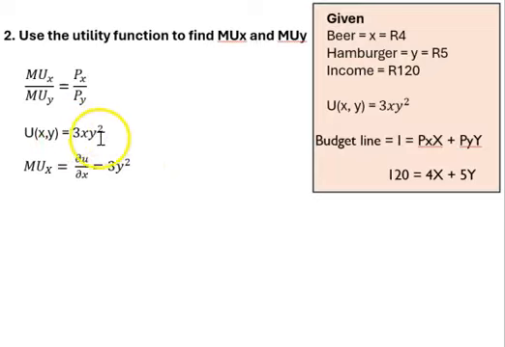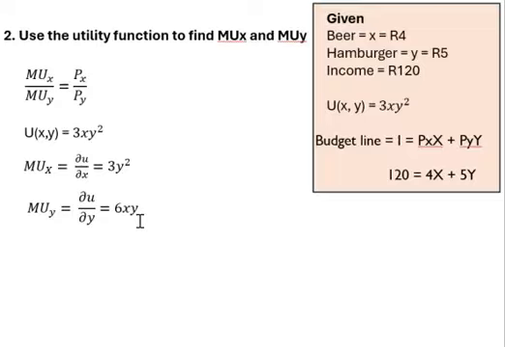So we'll start with determining MUX, and we know that it's a derivative with respect to x. So it's a derivative of this utility function, and therefore equals 3y squared. And we also need to determine the marginal utility of y. So it's a derivative as well of the utility function, and it equals 6xy.